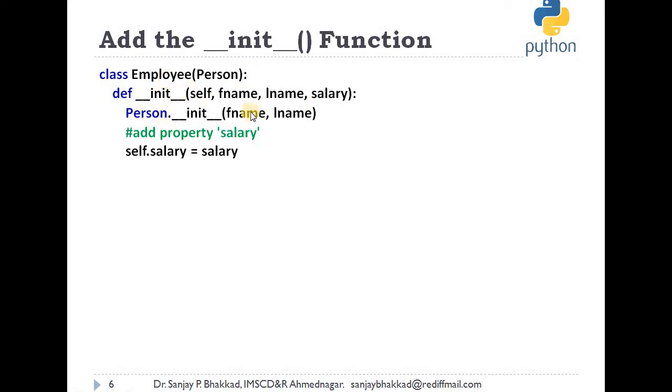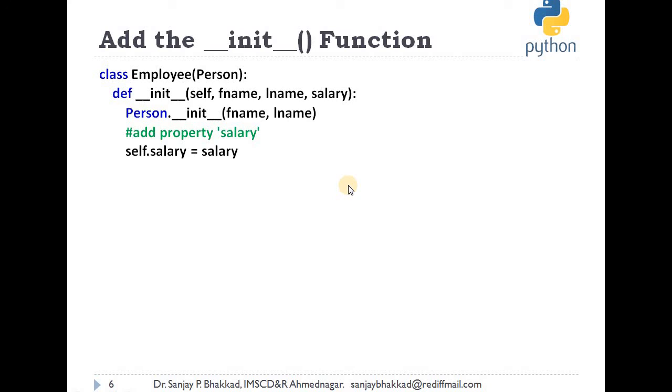This employee class has three instance variables: fname, lname and salary. Again remember that if we forget to call the init function of the base class, then the instance variables fname and lname will not be available in your child class. So you need to call this init function of the base class.